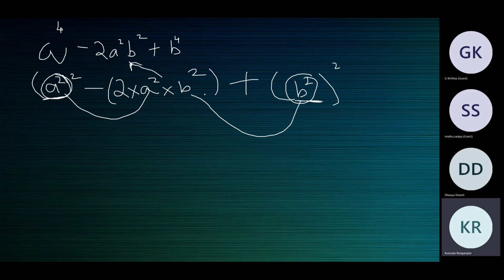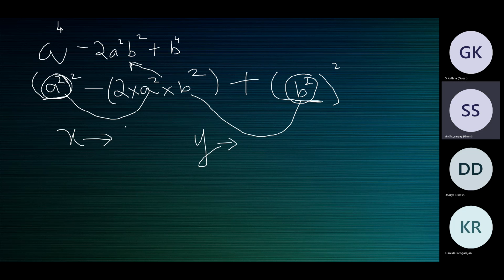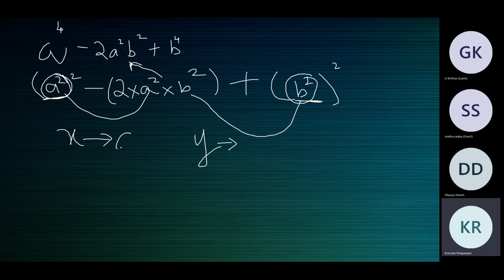So the given expression is clearly of the form x square minus 2xy plus y square, where x is a square and y is b square, ma'am. What is x square minus 2xy plus y square?